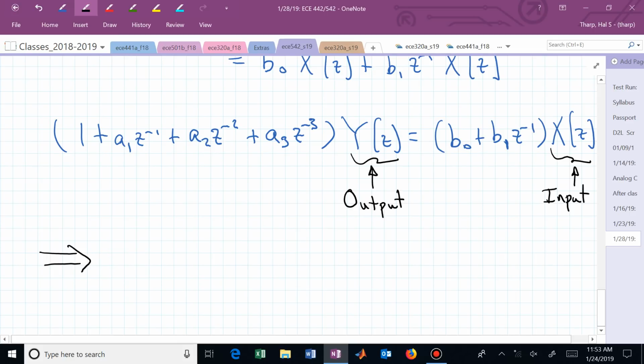With this expression, we can now solve for Y of z over capital X of z.